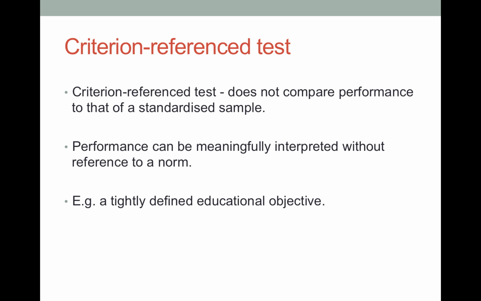A criterion-referenced test does not compare an individual examinee's response to that of a standardised sample. Instead, an individual's performance can be meaningfully interpreted without reference to a norm group. This is the case with, for example, a tightly defined educational objective. For example, one part of an arithmetic test for 10-year-olds might be to measure the accuracy level in adding pairs of two-digit numbers.